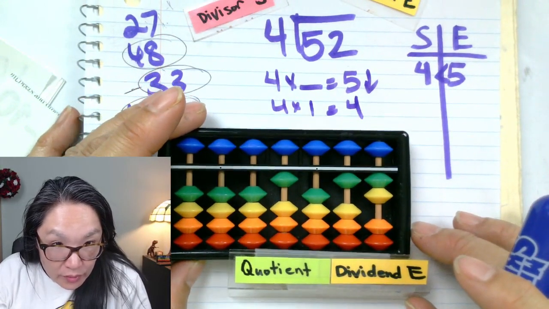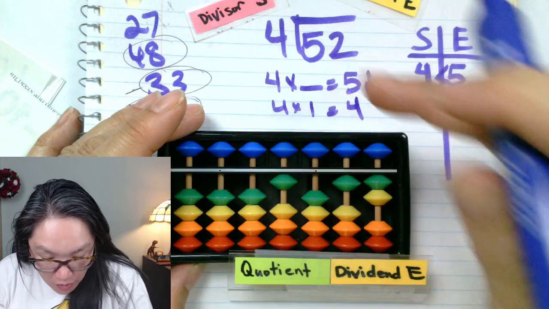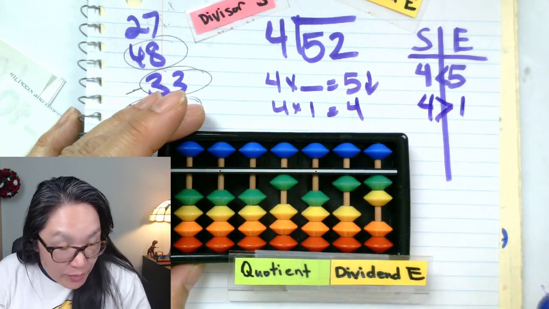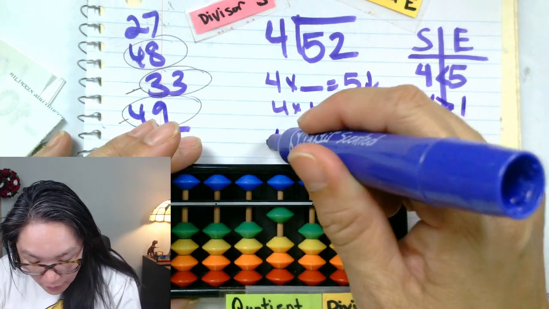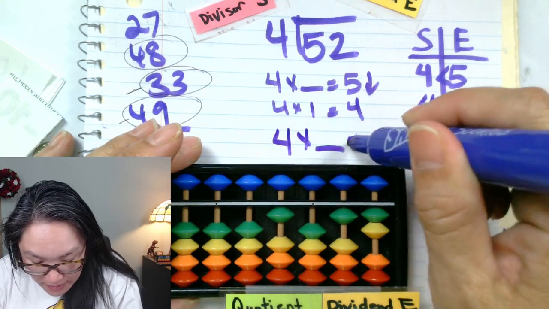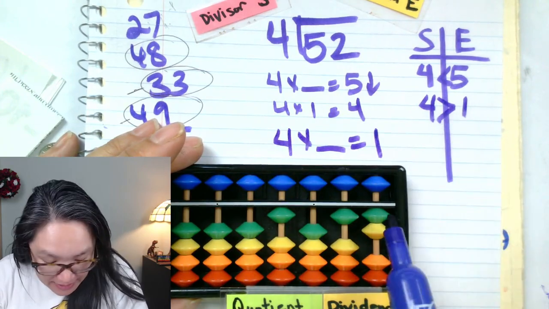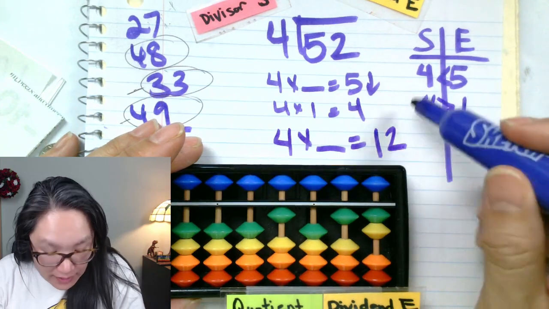But what are we going to do? We've got to compare. 1 is my dividend, 4 is my divisor. My divisor is now bigger. Because my divisor is bigger, I need the second number. So 4 times what is equal to 12 or less?